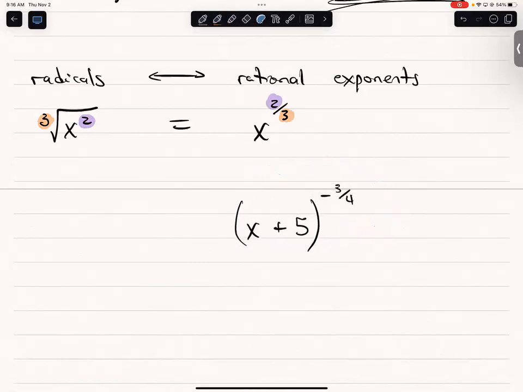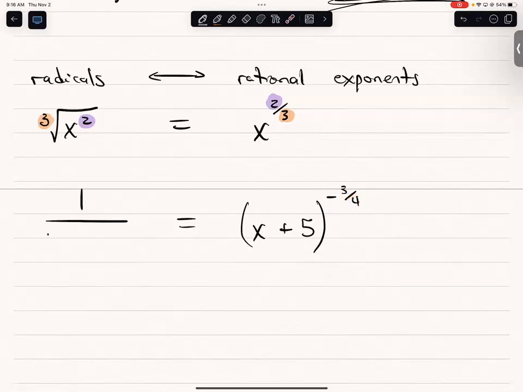So how could I rewrite the quantity x plus 5 to the negative 3/4 as an expression where I use roots and radicals instead? That flips it, right? The negative is the reciprocal, so it's 1 over the fourth root of x plus 5 to the 3rd.